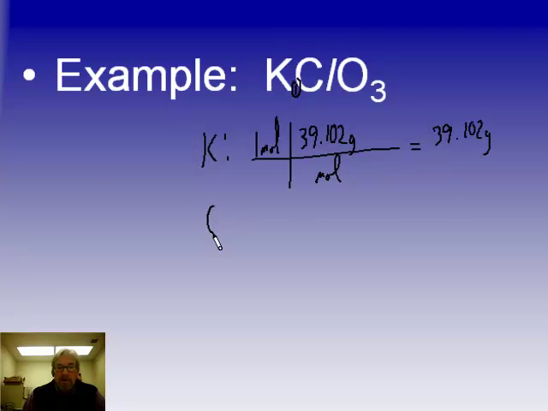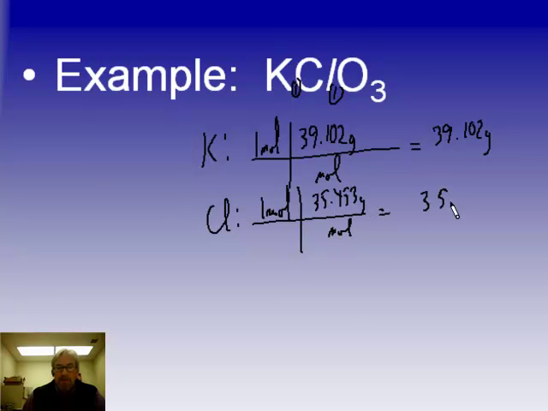For chlorine, again, there's a subscript 1 implied there because there's no written subscript. So I'm going to take 1 mole and multiply by the molar mass of chlorine, which is 35.453 grams per mole. So that just gives me a total mass of 35.453 grams of chlorine in 1 mole of KClO3. Oxygen.